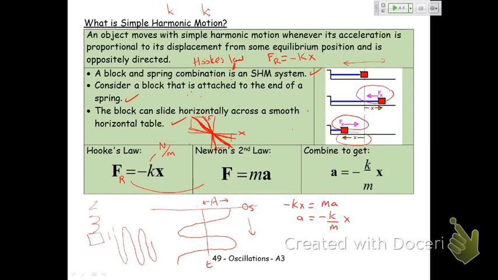If I have a massive mass, it means my acceleration at any particular position will be less, yeah? If k stays the same and x is the same, but I increase my mass, I'm getting less a.